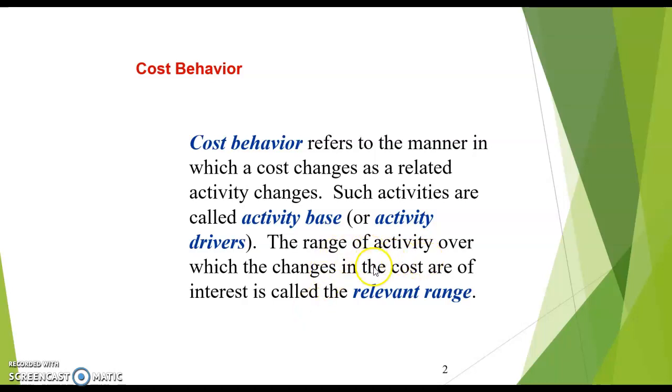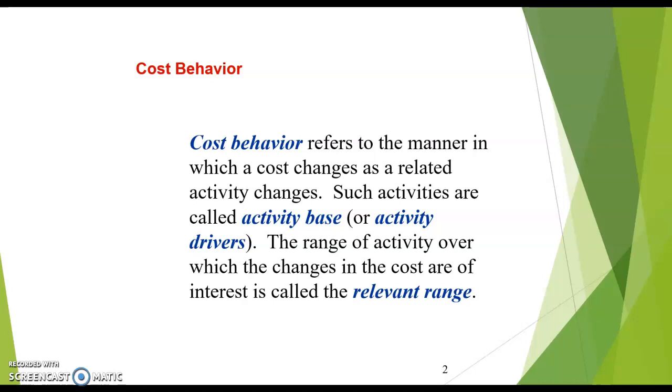Okay? We also need to know about the words called relevant range. That means I'm going to look at what I normally expect is the most number of dog houses that I'm going to build.